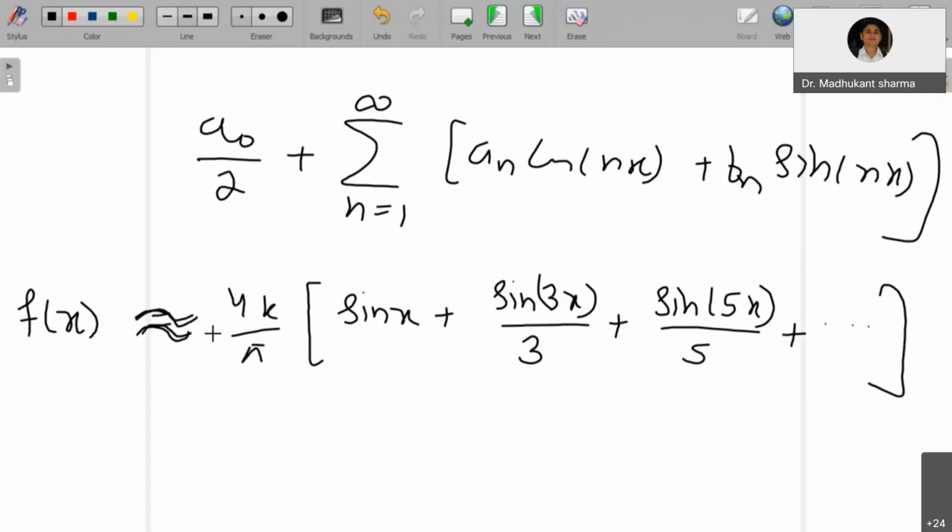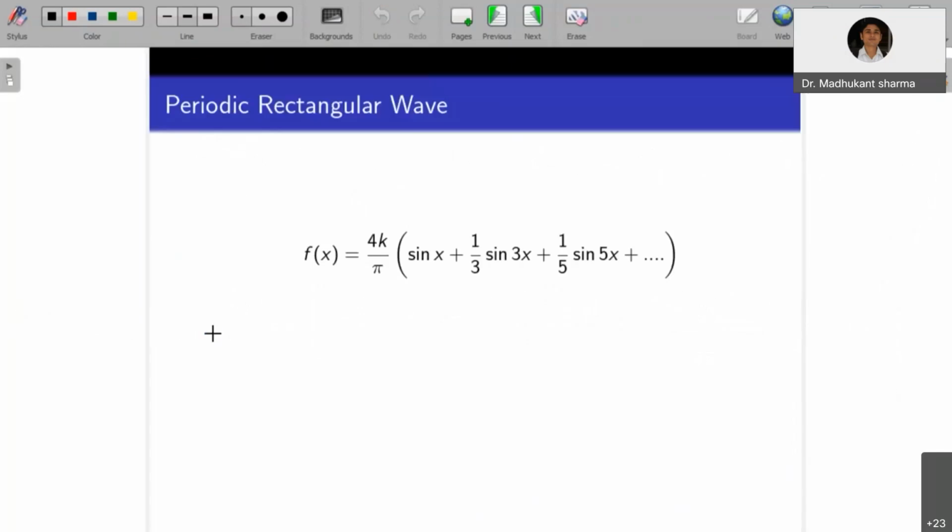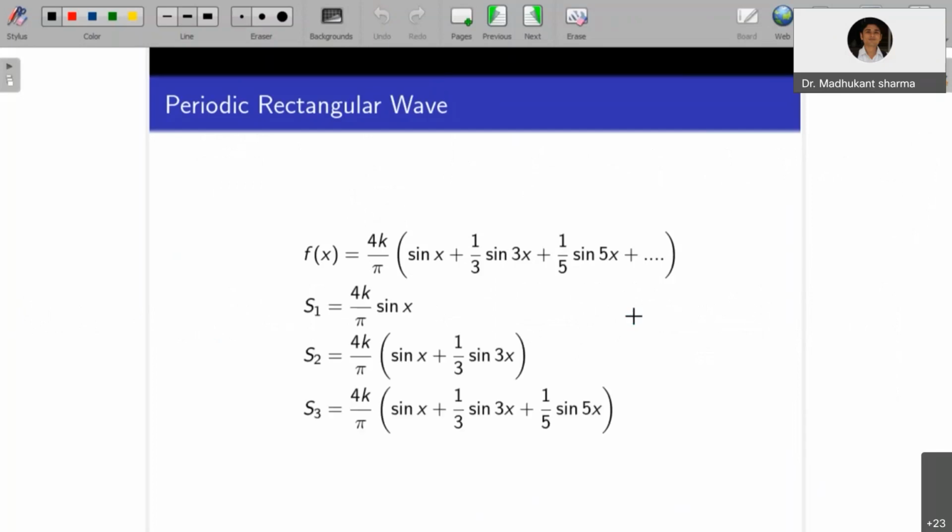Okay, Fourier series. So this is what we have obtained. Now you can take the first term only for the graph, then include the second term, then the third term, and try to get the different plots. Let's call S1 is 4k by pi sine x, S2 is the one which includes the second term, and S3 is the one which includes the third term.